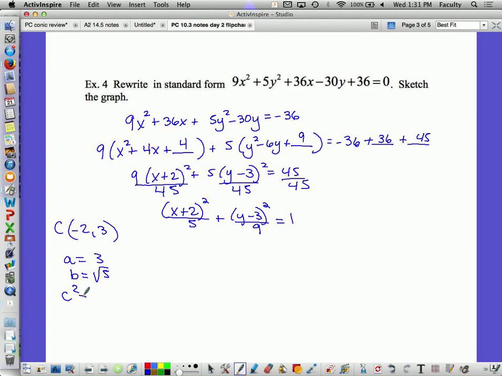And then we can find c squared is a squared minus b squared. So c squared is 4, so c is going to be plus or minus 2. Because A is underneath the Y, this is going to have a vertical major axis.